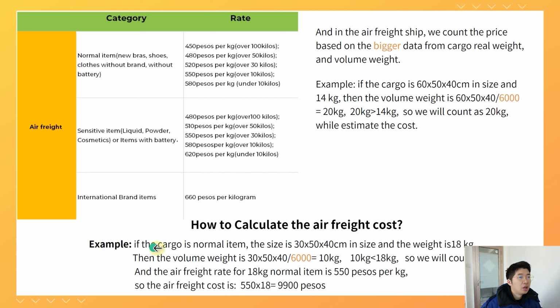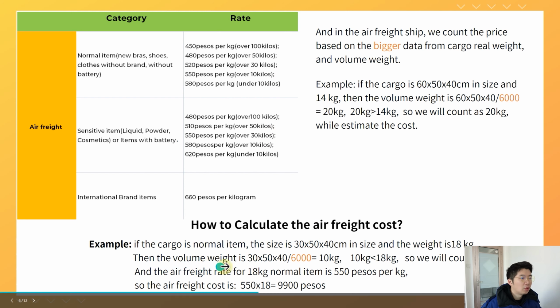For example, if the cargo is a normal item, you can see the normal item rate here, and the size is 30 multiplied by 50 multiplied by 40 centimeters, and the weight is 18 kilograms. You can see 18 kilograms in the air freight chart is 550 pesos per kilogram because it is over 10 kilos and under 30 kilos, so it belongs to this price level.